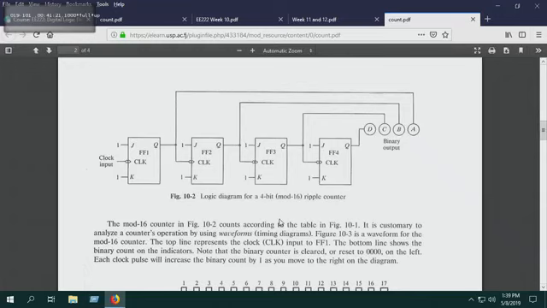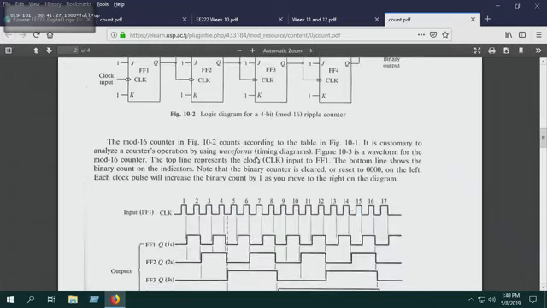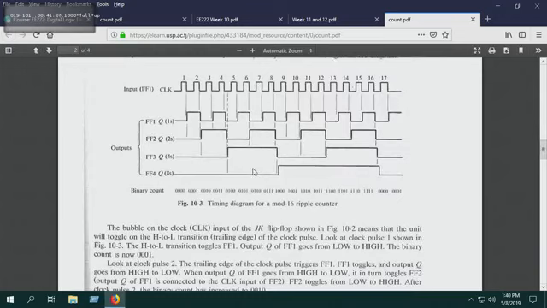Remember the normal clock pulse, the top one. It goes high, low, like a square wave. A wave is something periodic, going up and down, with consistent time on and consistent time off.